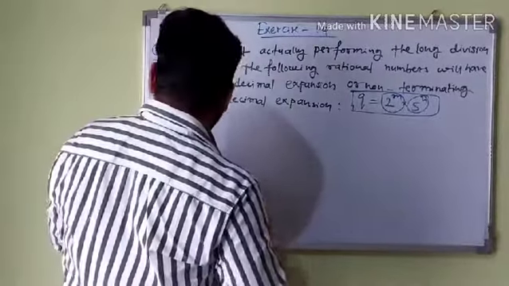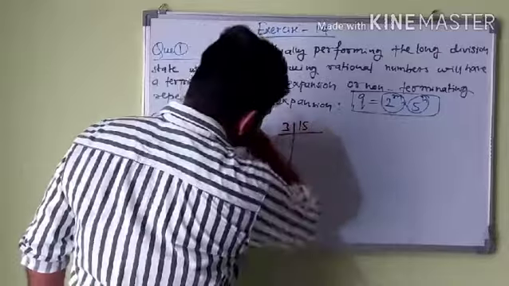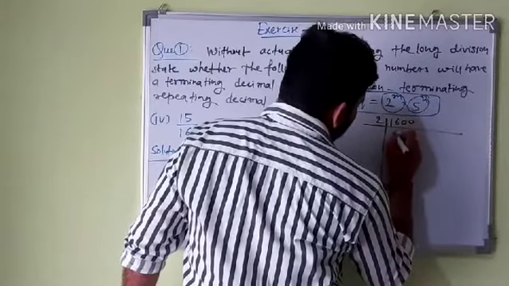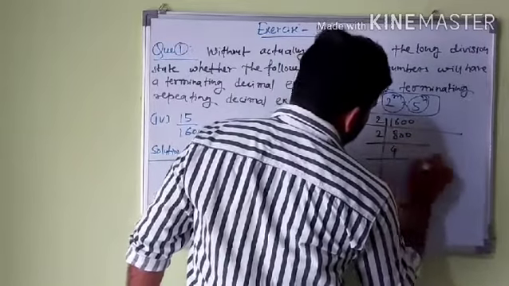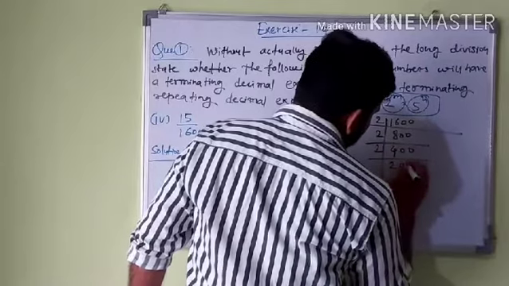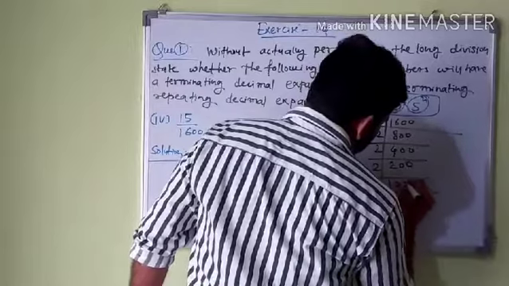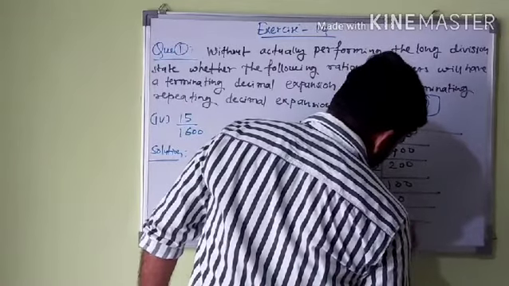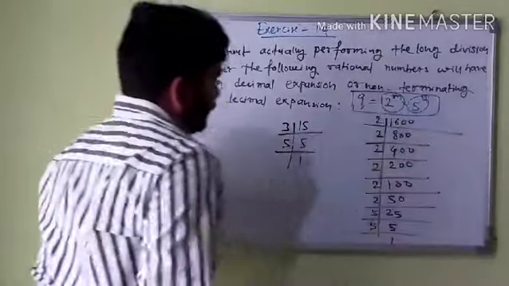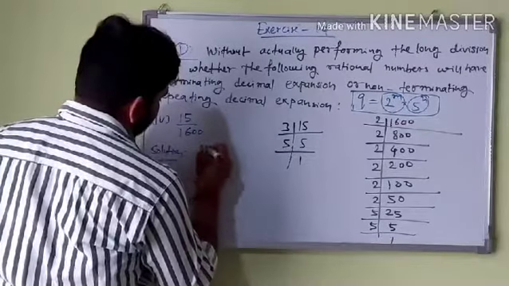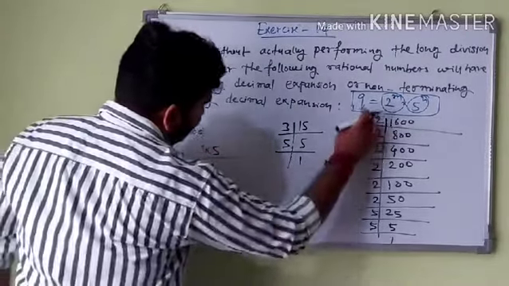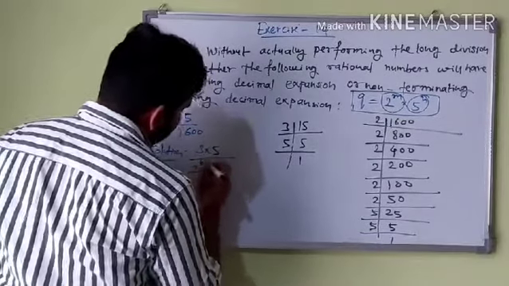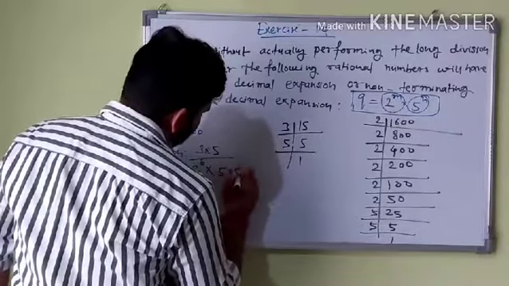What is the prime factorization of 15? The prime factorization of 15 is 3 into 5. And 1600 is 2 to the power 6 into 5 to the power 2.